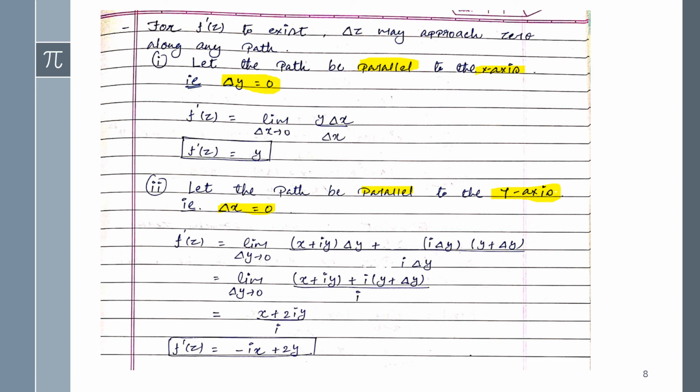So first, I am going to apply parallel to x. It means delta y will be 0. So in place of all the terms where we are getting delta y, you can put 0. Putting the 0 you will get this kind of term.